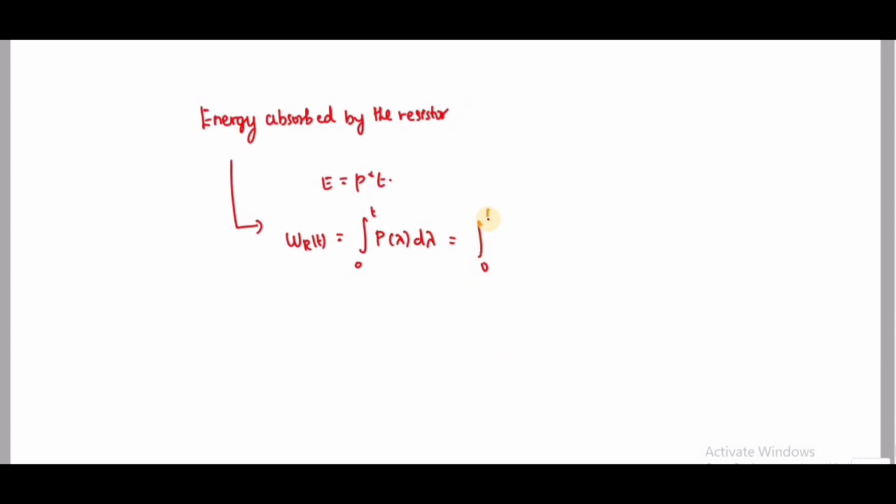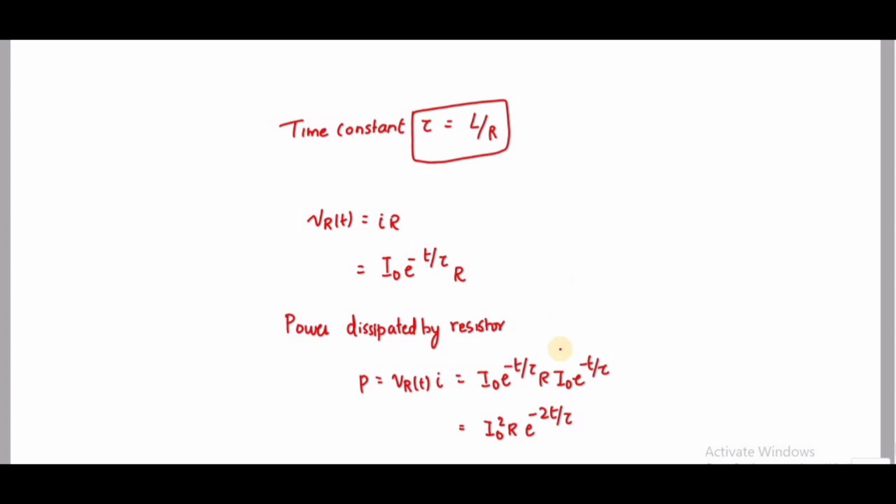So P of lambda is I naught square R e power minus 2 lambda divided by tau, d lambda.